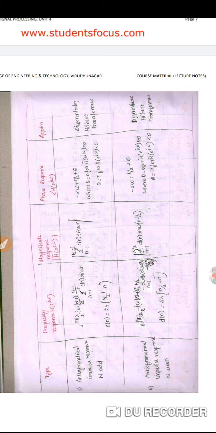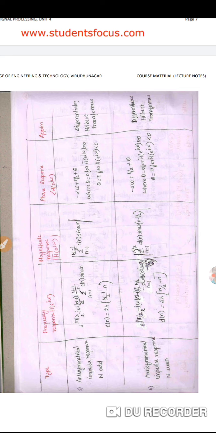Here d of n is 2 times h of n by 2 minus n, and the magnitude response is summation n equal to 1 to n by 2 of d of n into sine omega of n minus 1 by 2.